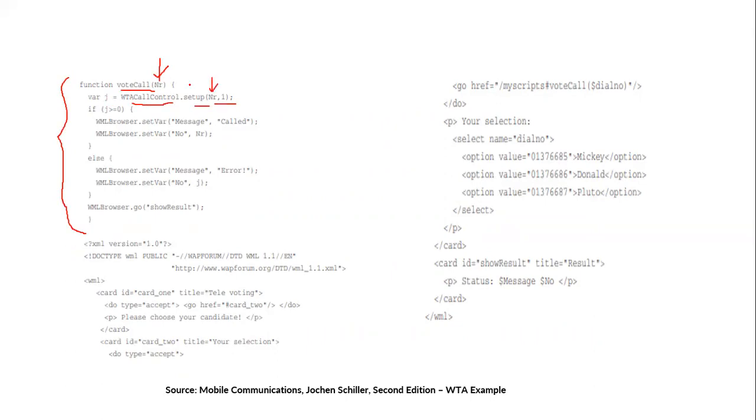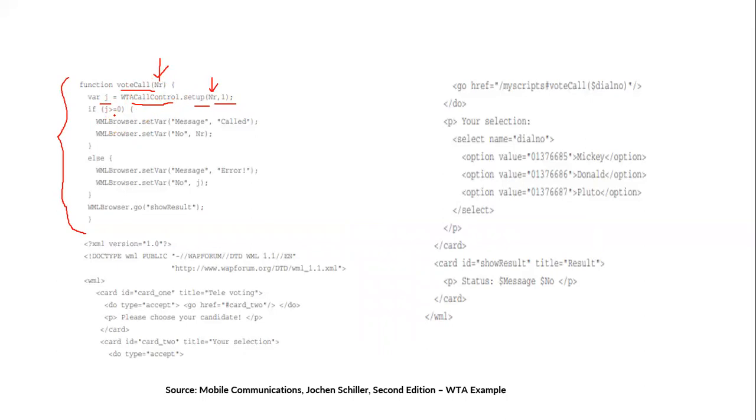If this returns a value greater than 0, it means that the call is established successfully. Otherwise it means there is some error. The value returned will be stored in j.